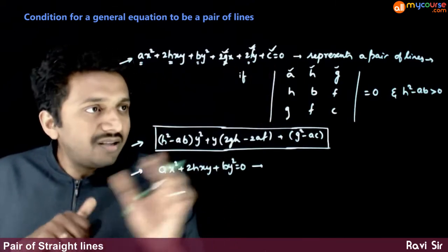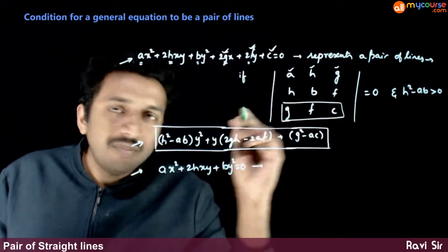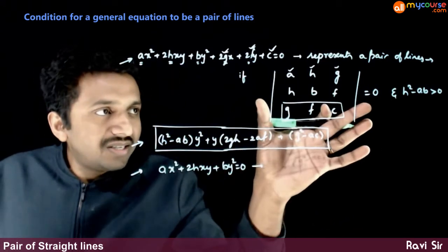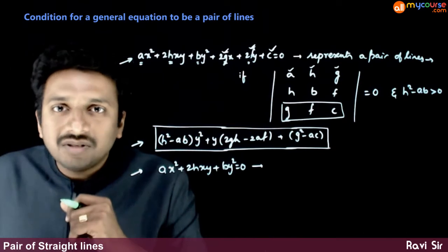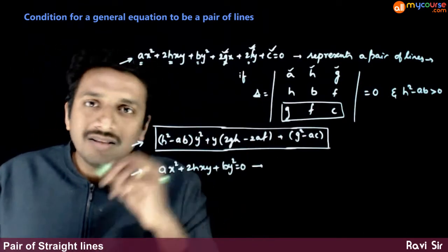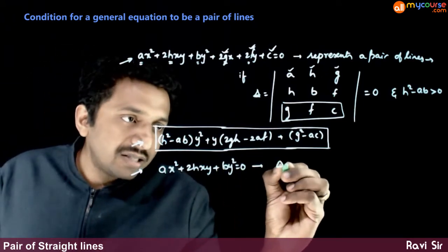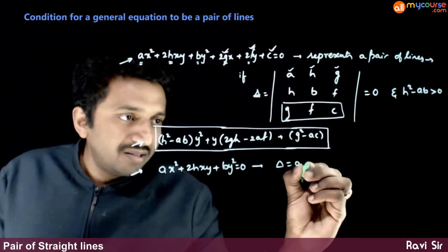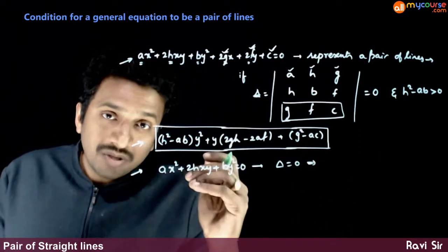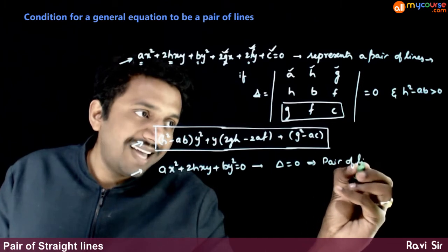So as you can see, this determinant's third row is completely becoming 0. So this determinant will automatically be equal to 0. If I call this delta, for this homogeneous equation, delta is automatically equal to 0. This implies the homogeneous equation always represents a pair of lines.